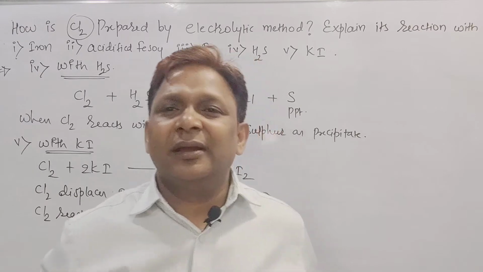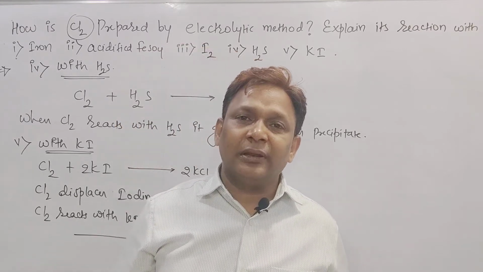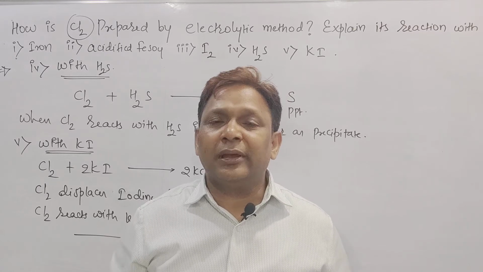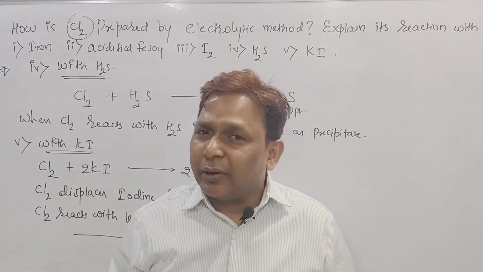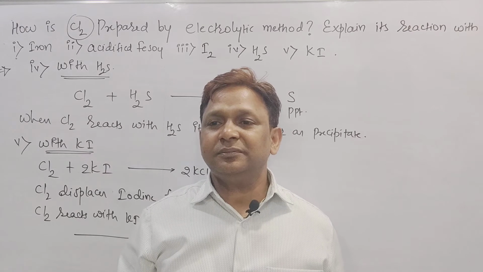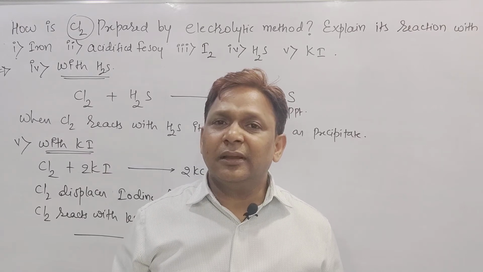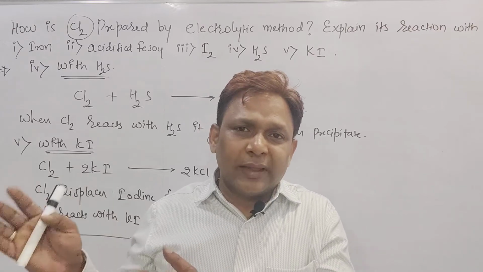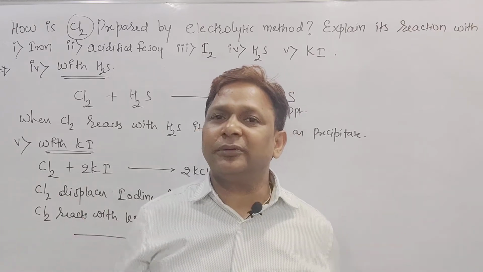So once again beta, we will revise what we learned in this class. First of all, we have seen preparation of chlorine by the electrolytic method. What is the electrolytic method, beta? Nelson cell. In the Nelson cell, how can Cl2 gas be prepared? We have to draw the diagram on one side and write the steps on the other side.